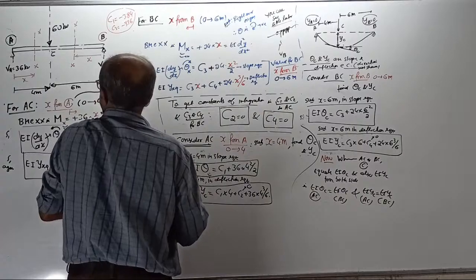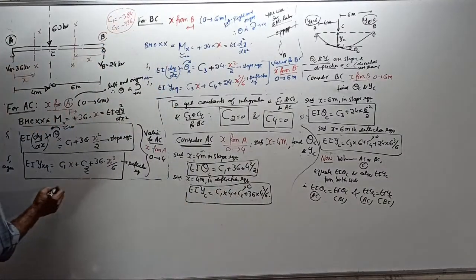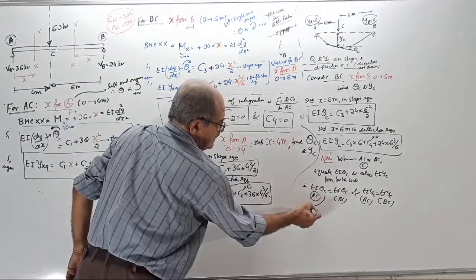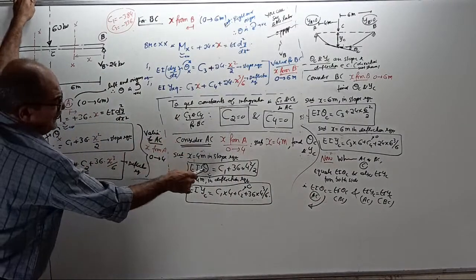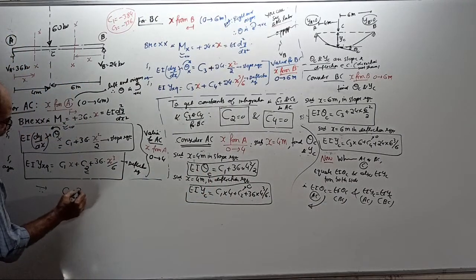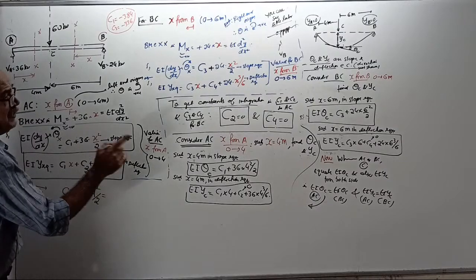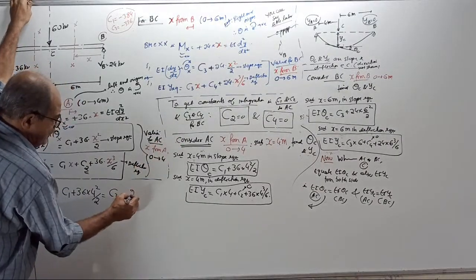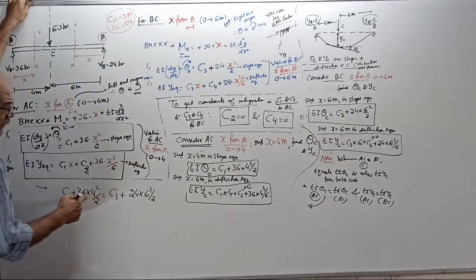Then I think I need some space now. I'll write here now. Therefore, EI theta C we got C1 plus 36 into 4 square by 2, that should be equal to C3 plus 24 into 6 square by 2. If you simplify, what will happen?